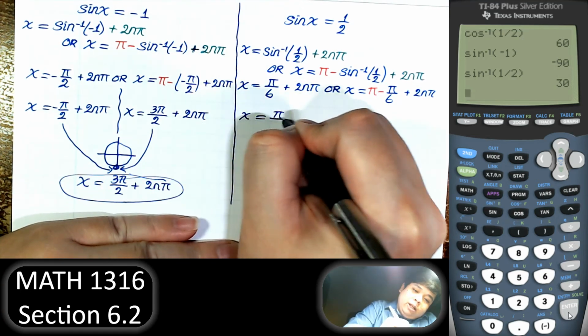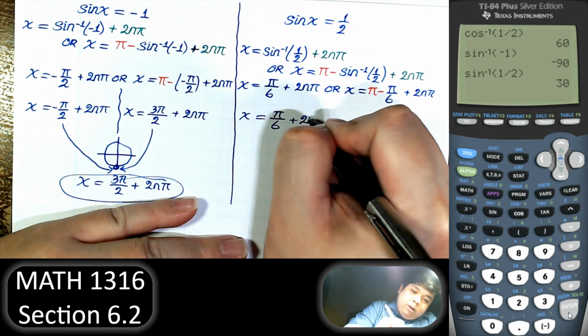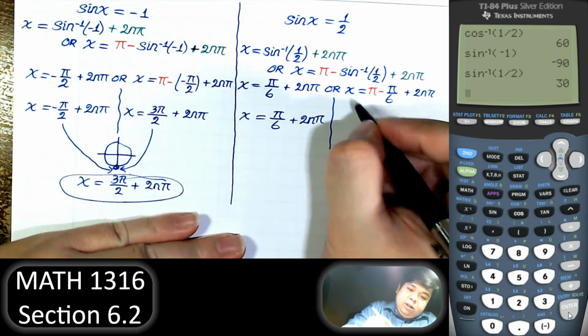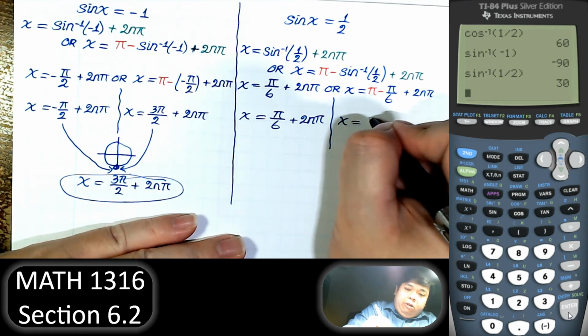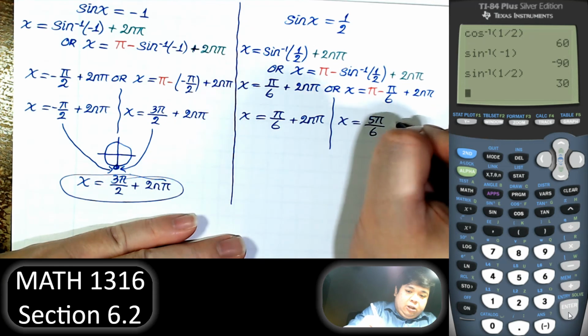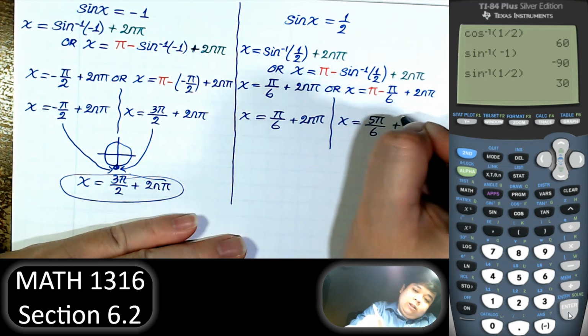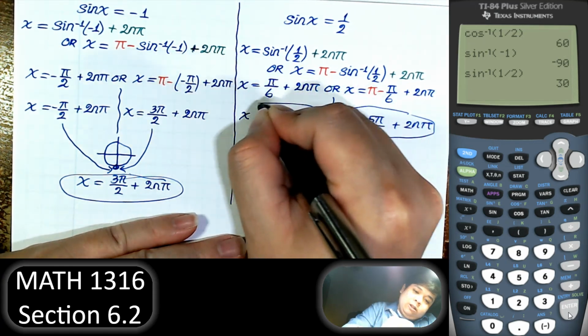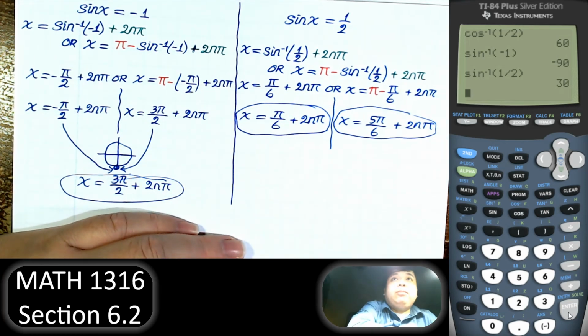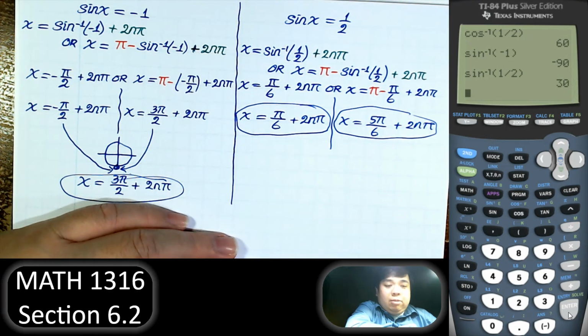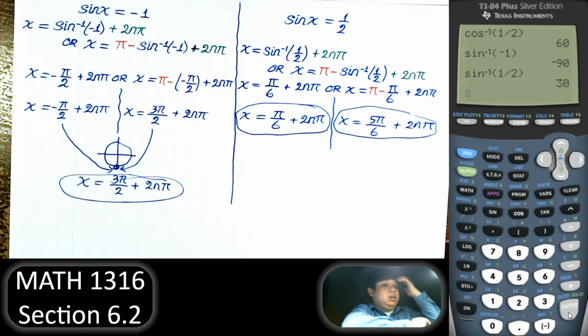So x equals pi/6 plus 2n pi or 5pi/6 plus 2n pi. Right, so sine inverse and the supplement.